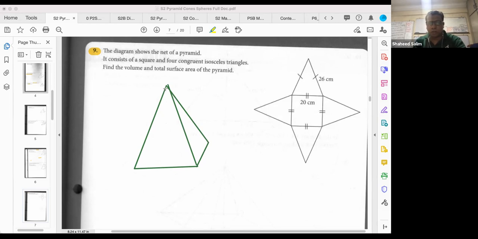This is now inside. So what you want to find now is the one inside here, right? Which is going up from here, right until here.